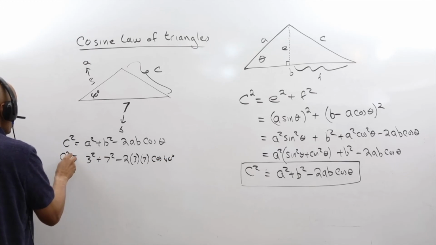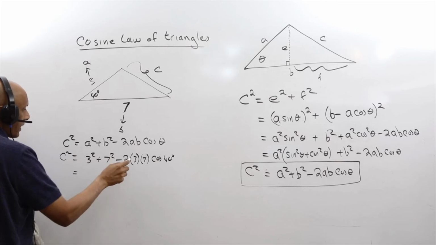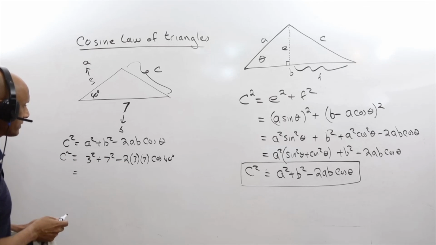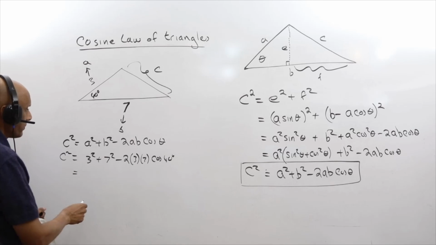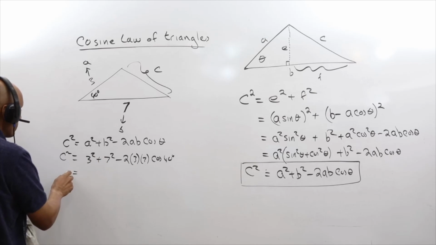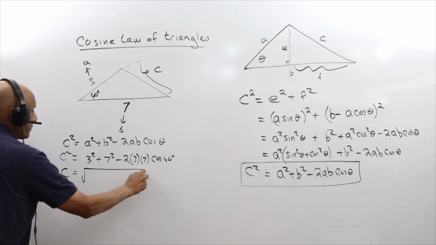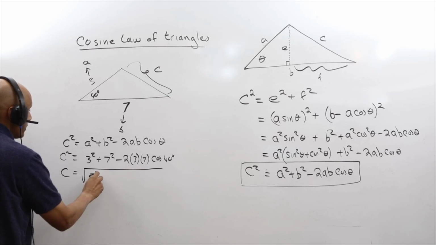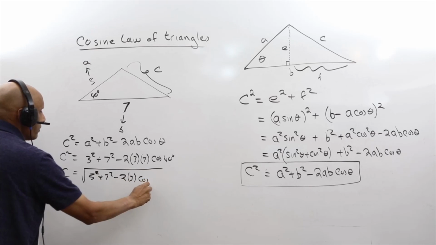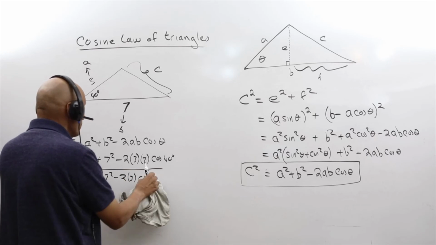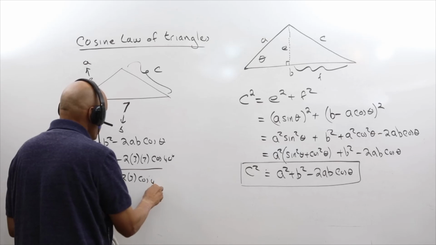And you get C squared. I won't go through the calculation of this, but we can calculate this number, and we get a value for C as the square root of this whole quantity, which is 3 squared plus 7 squared minus 2 times 3 times 7 cosine of 40 degrees.